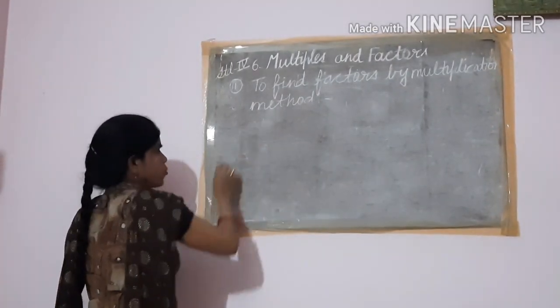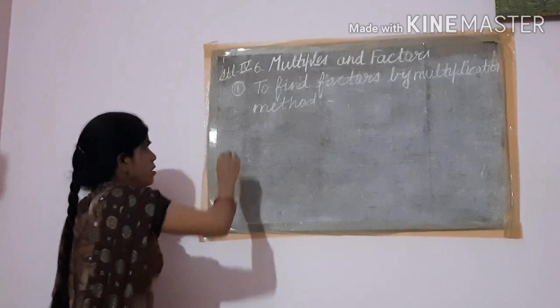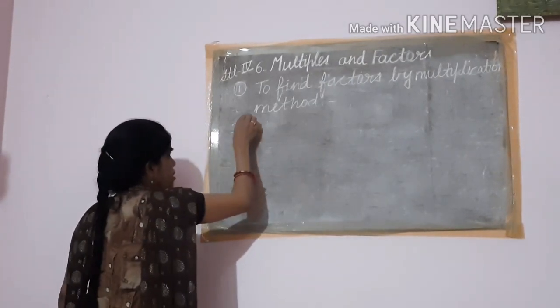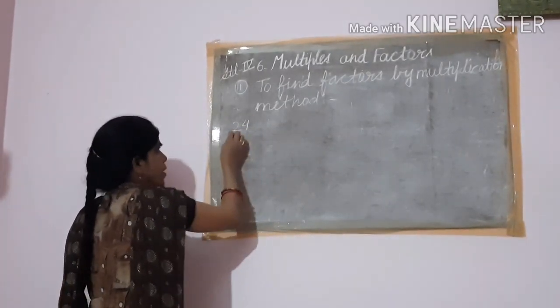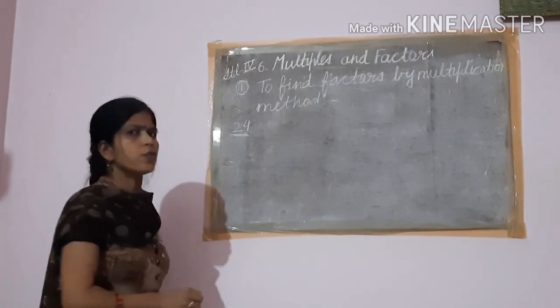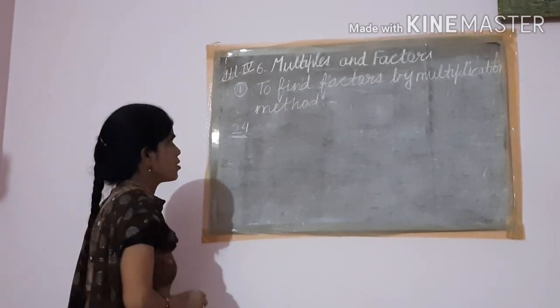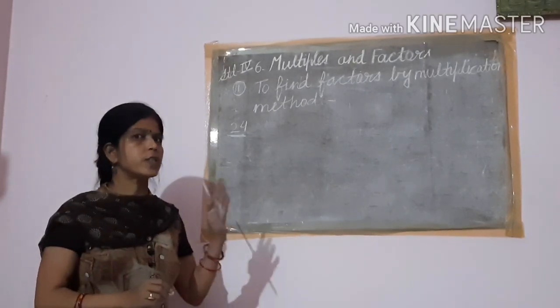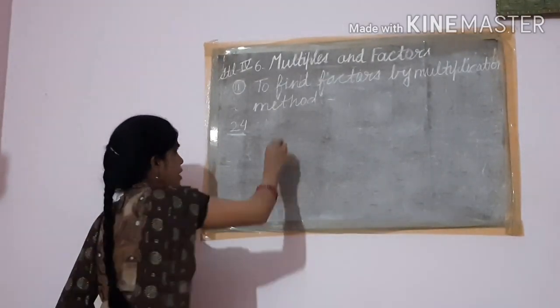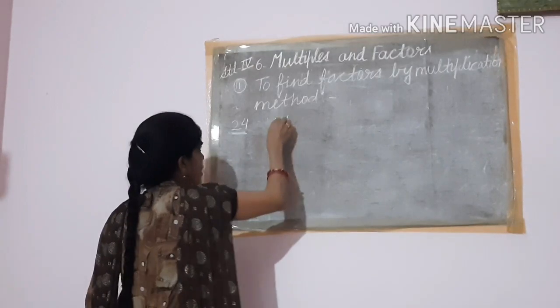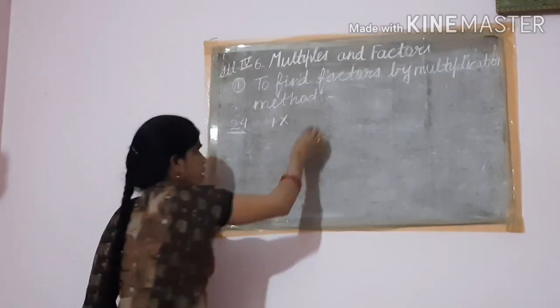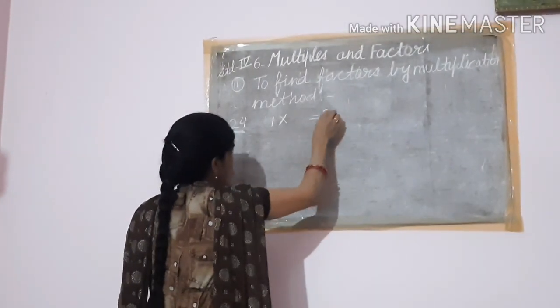Yes, 24. So we have to find the factors of this number 24 only. So you read the table from 1 and try to find in how many times reading 24 comes, or the product 24 comes. Let us start from 1. 1 multiplied by which number? The product you will get is 24.